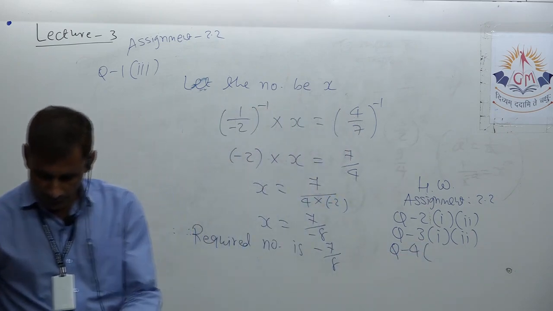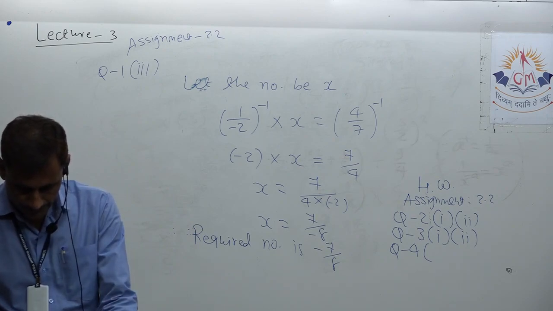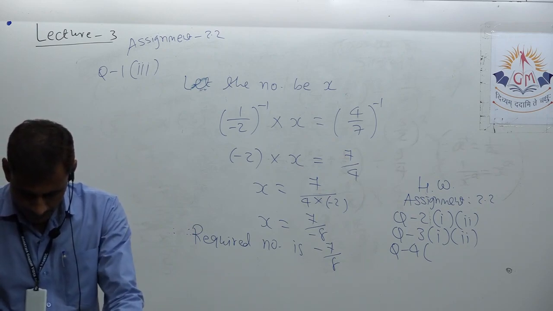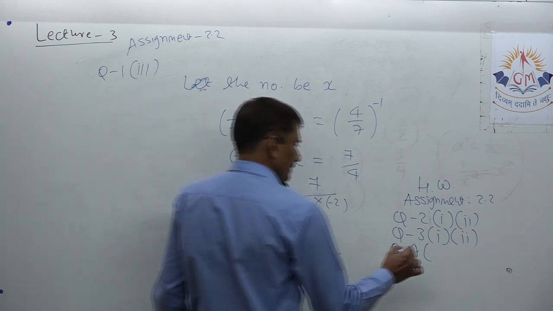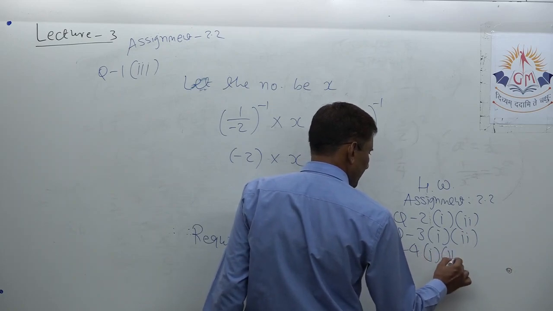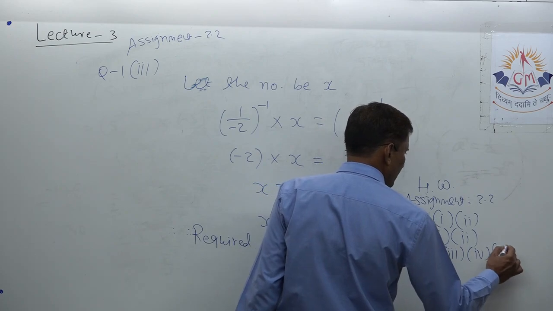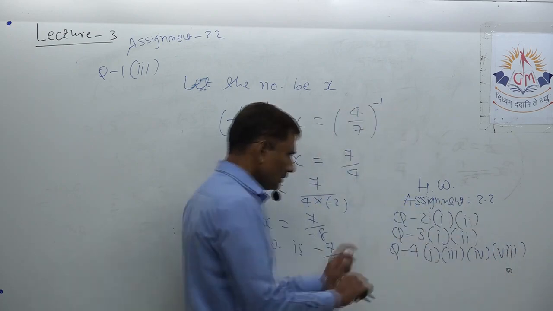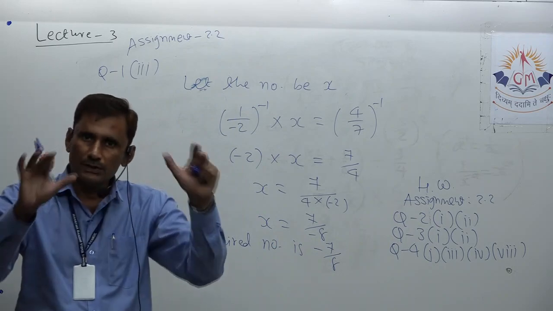So there are 1, 3, 4 and 8. All are the same type, that's why I am giving them all together as homework. You just add or subtract according to the sign.